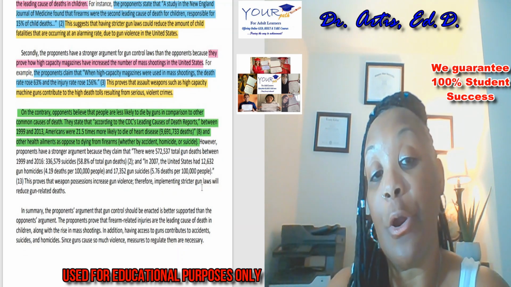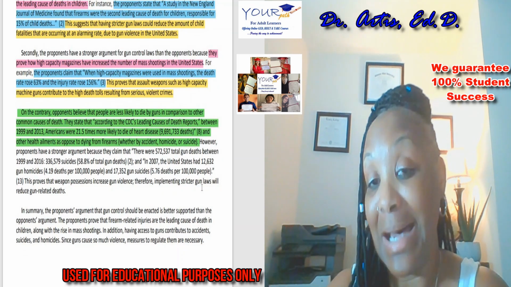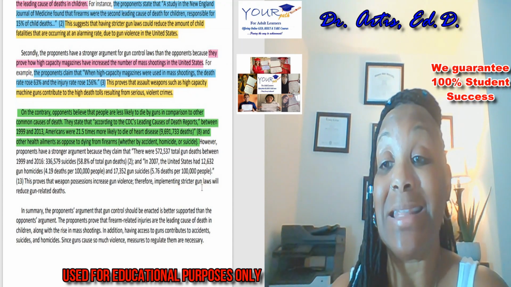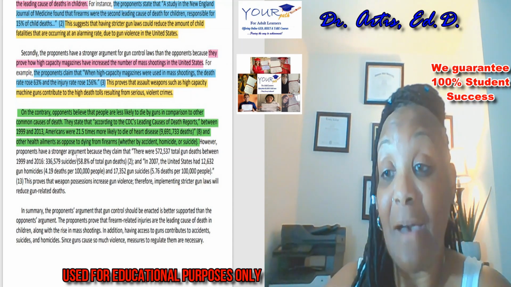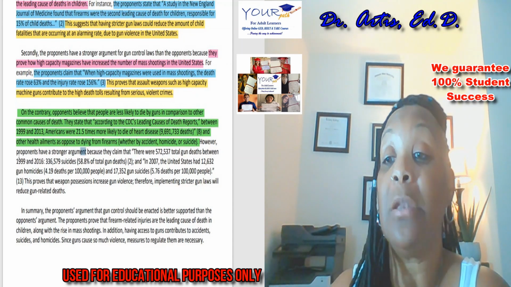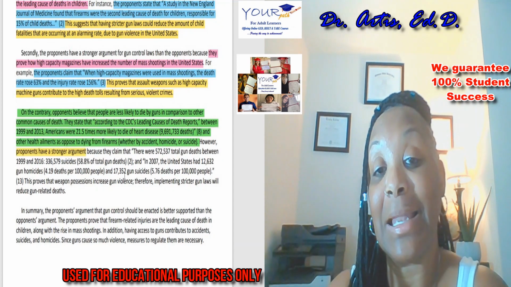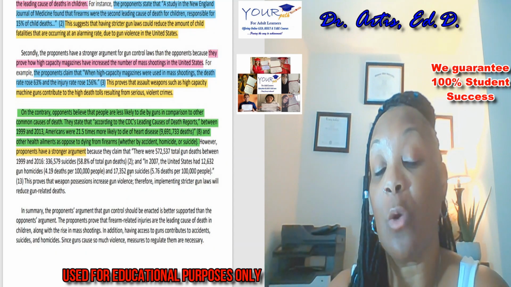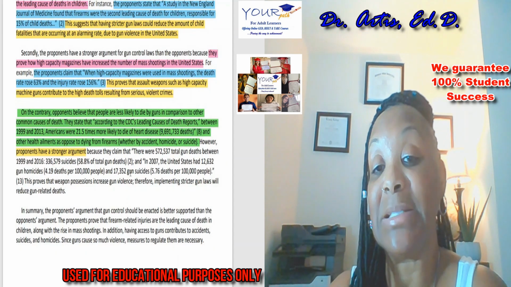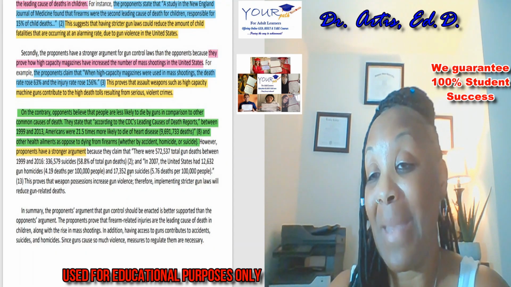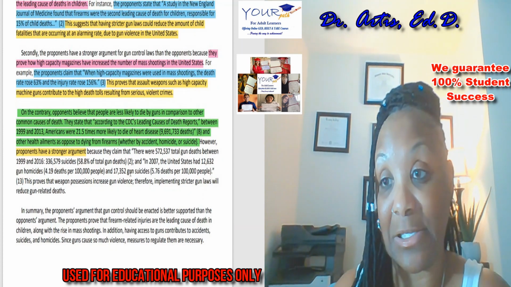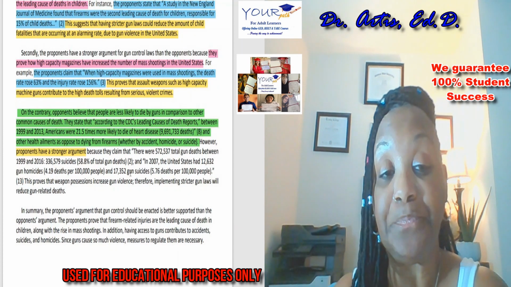Proponents have a stronger argument because, once again, re-emphasizing that she believes that they have a stronger argument, letting me know that that is her position on the topic. Because they claim that, now she's using quotation marks to indicate to me that she's taking information directly from the text, which you can do.